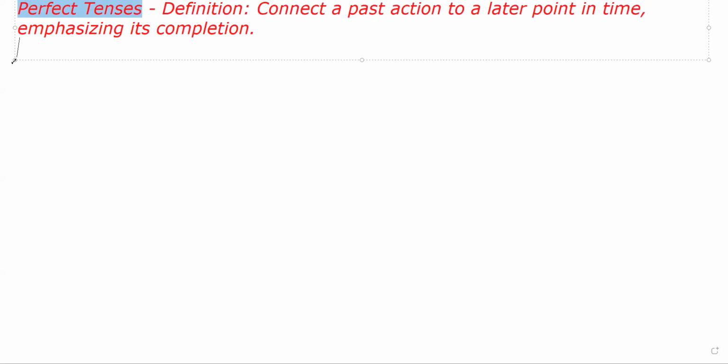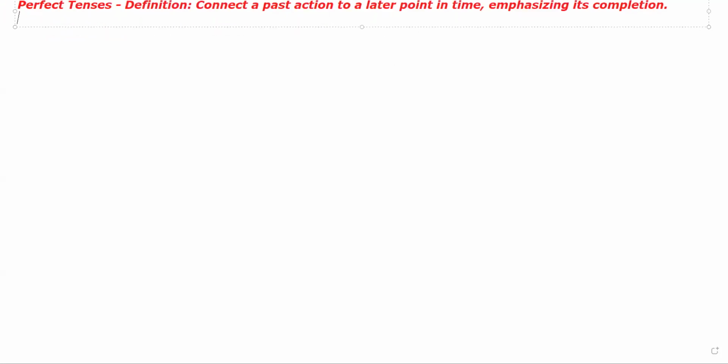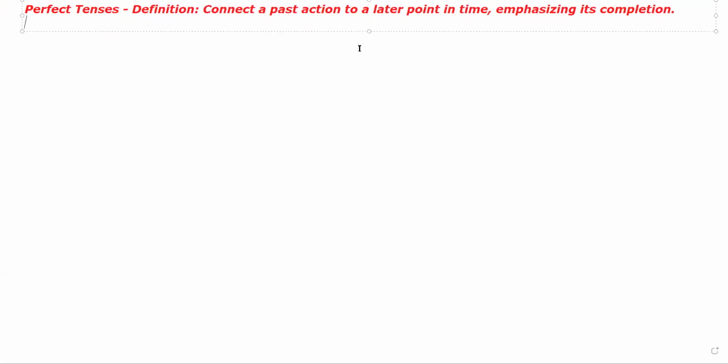That would be a perfect tense. Does that sound pretty clear? Very good. So we'll leave that there as the normal definition of perfect tenses. Now we're going to go one by one. We're going to separate them all by colors. So we're going to begin.